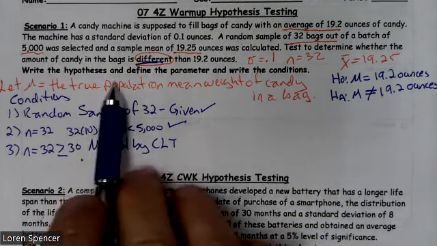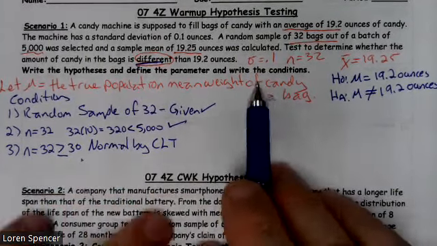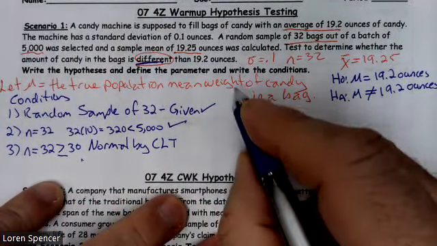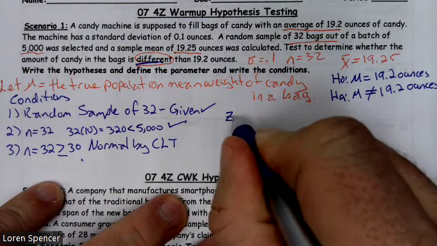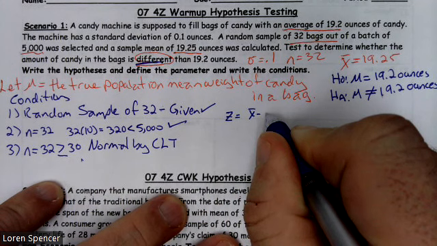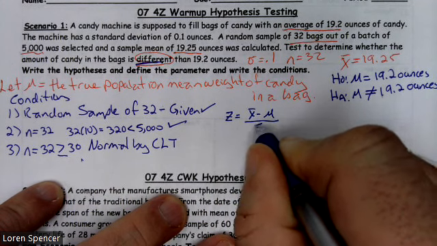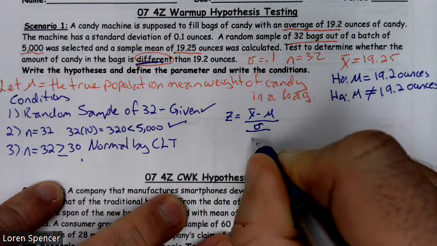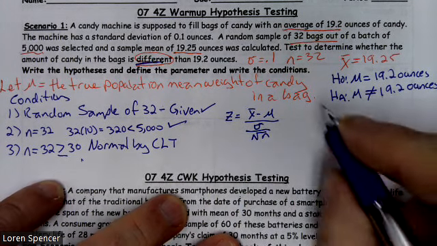Even though this just said write the hypotheses and parameter, I'm going to set up the test for us. This would be a z-test because the population standard deviation is known. z equals x bar minus mu, divided by the standard deviation over the square root of n.